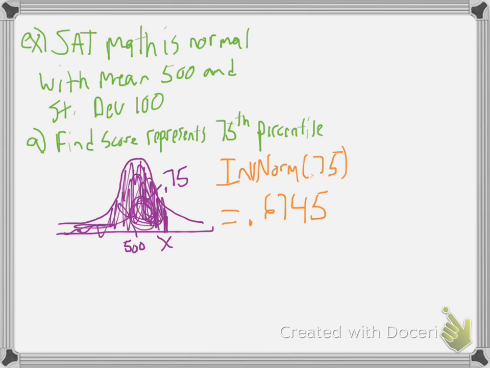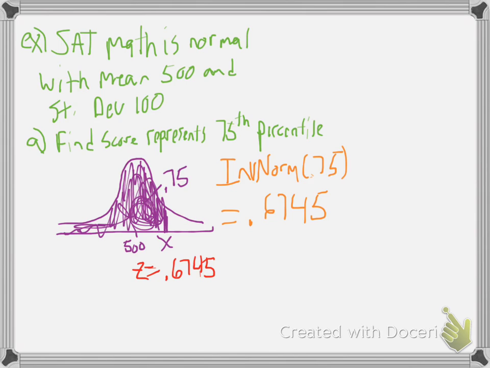That's the z-score. So now we know that the z that corresponds to a left area of 0.75 is 0.6745, 0.6745 standard deviations above the mean. So now we know the z and we have to find the x.